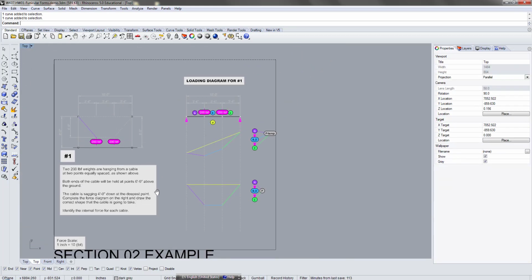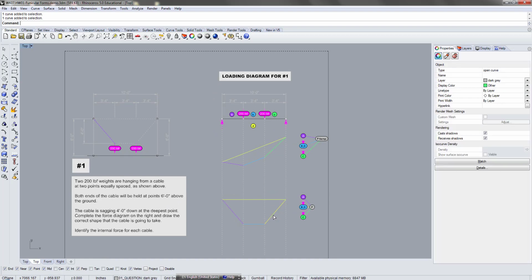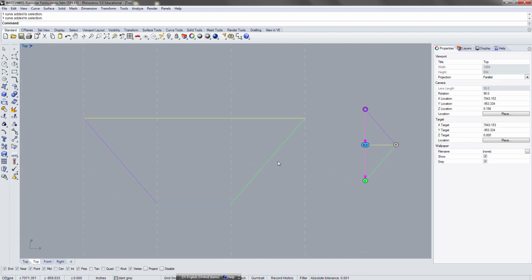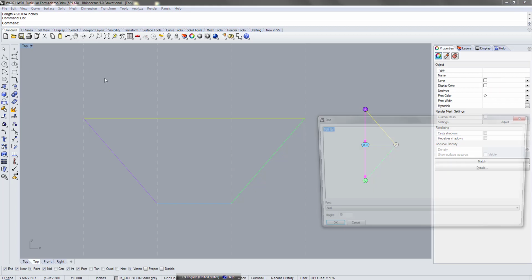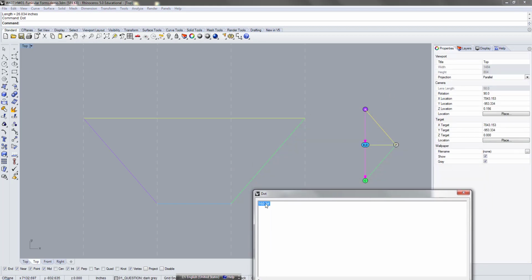Now what I'm asking in the question is to identify the internal forces of each of these cables, and you can simply get it by measuring the lengths of these curves. That purple portion is 26.03. The force scale that we are using is 1 inch equals 10 pounds, as everything else. So let's call it 260.3.